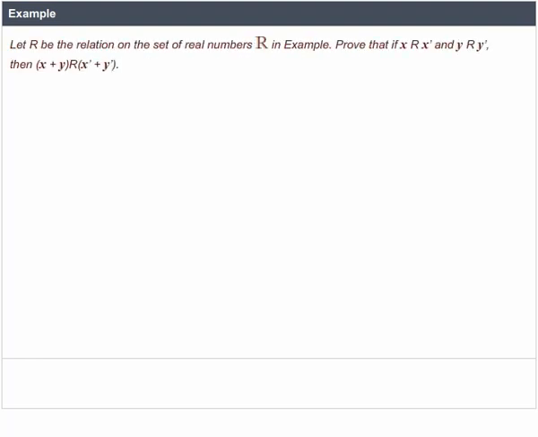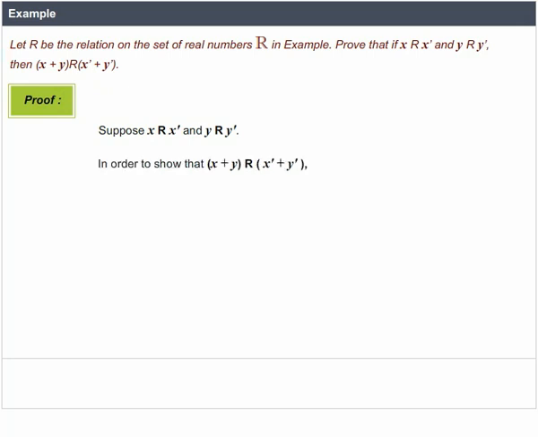Example: let R be the relation on the set of real numbers such that x R y if x minus y is an integer. Prove that if x is related to x' and y is related to y', then x plus y is related to x' plus y'. Proof. Suppose x is related to x' and y is related to y'. In order to show that x plus y is related to x' plus y', we must show that (x plus y) minus (x' plus y') is an integer.